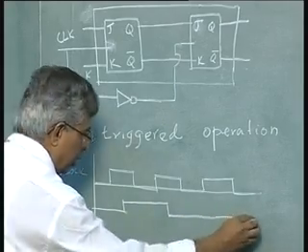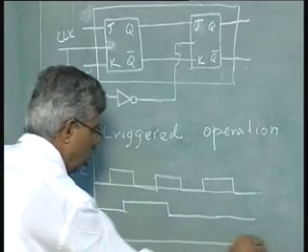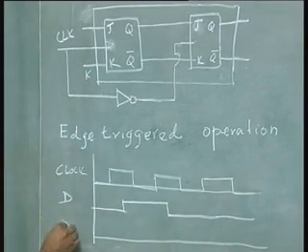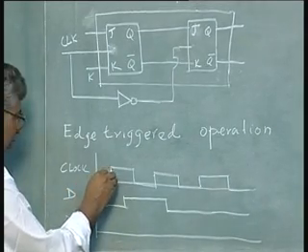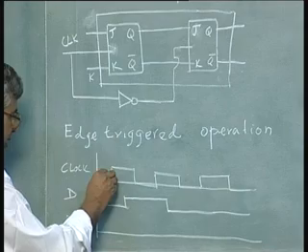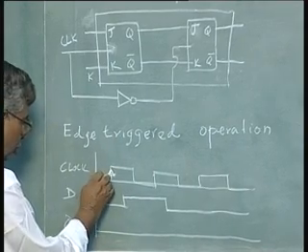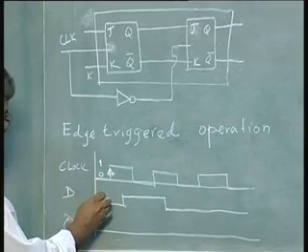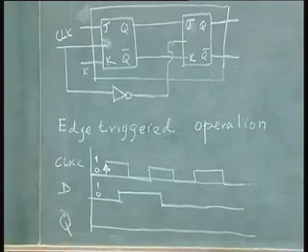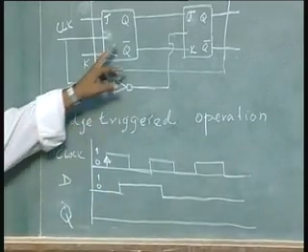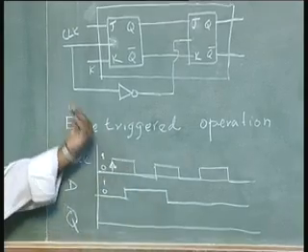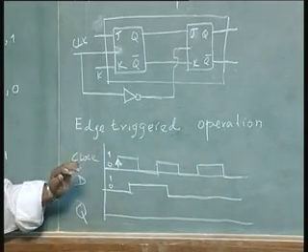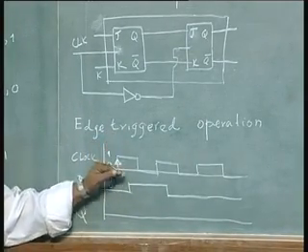Let us say this is my D input, and this is my Q, output of the D flip flop. Let us say only when the positive clock edge or the positive transition of the clock from 0 to 1 any change in the output will happen based on the input. Output of the flip flop will change based on the input, that is sure. But when will it happen? Only when the clock transition occurs from 0 to 1.